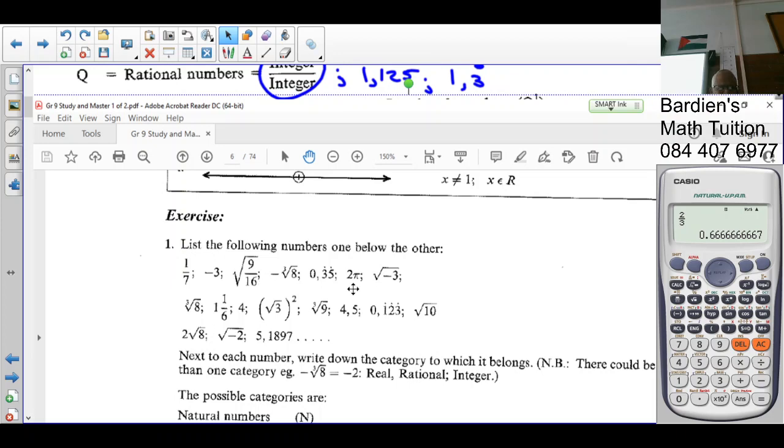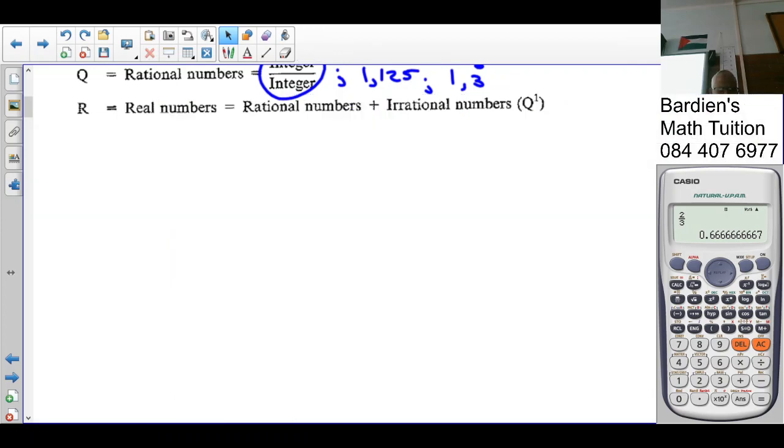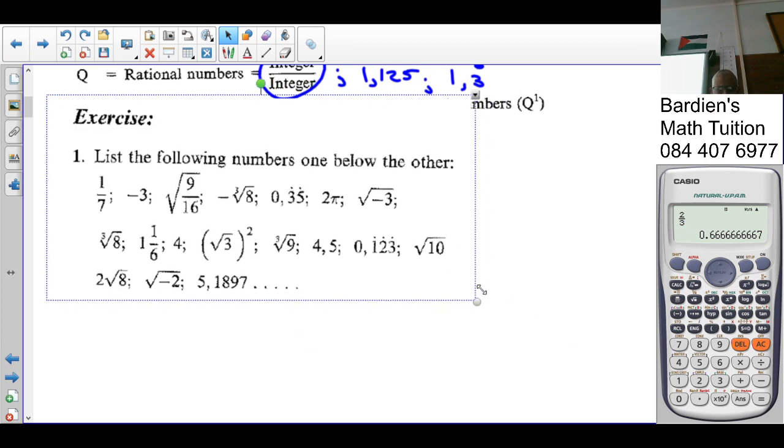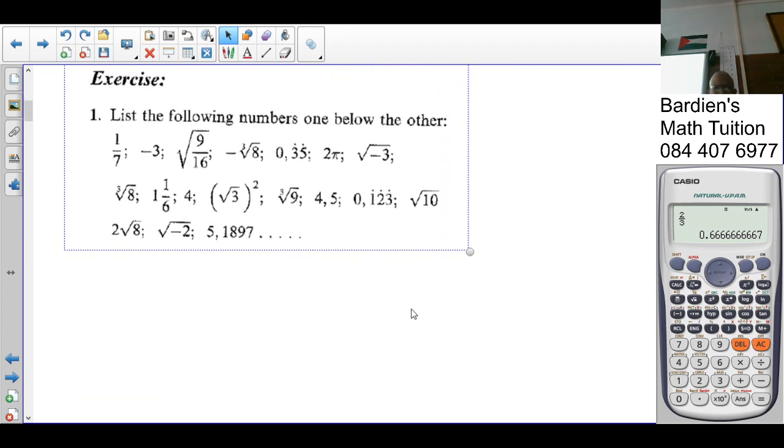We are going to draw a table, okay? For the following numbers. Okay. So this is what I wanted the table to look like.